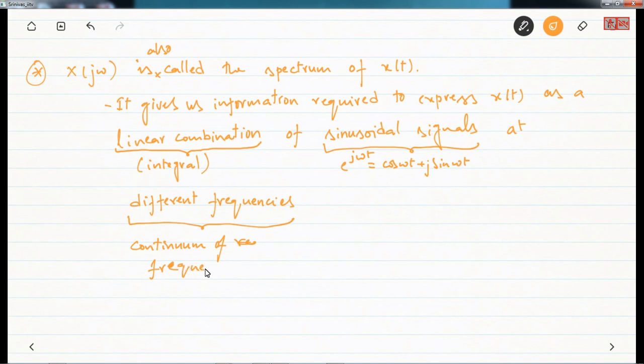Continuum meaning they are not distinct, there is no finite spacing between these frequencies, but the spacing between these frequencies is infinitesimally small, like delta, where delta goes to 0, right? So that's why this x of j omega is called the spectrum of x of t.